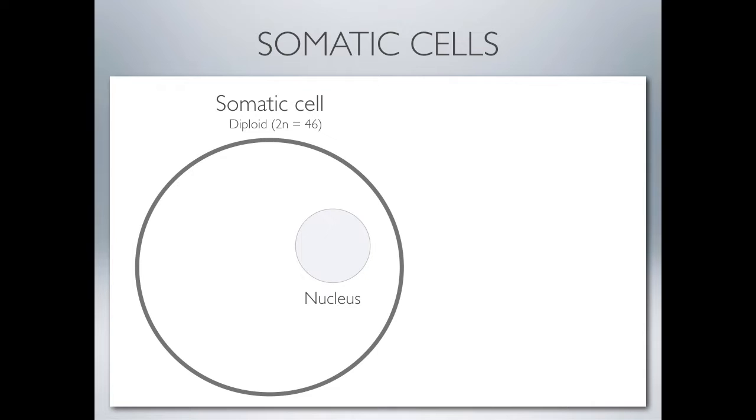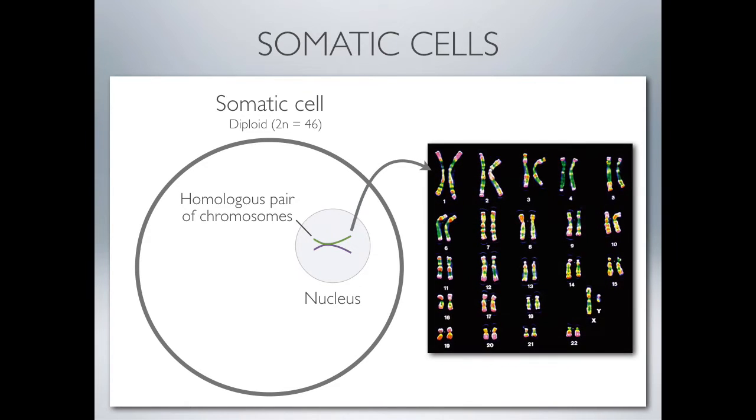So somatic cells have a nucleus, and that nucleus contains all the genetic material needed to produce your body. And so you have 23 pairs of homologous chromosomes in that nucleus, and if you splay them all out, and you look at them under a light microscope, then they look something like this. They look like candy. They're multicolored if you stain them.